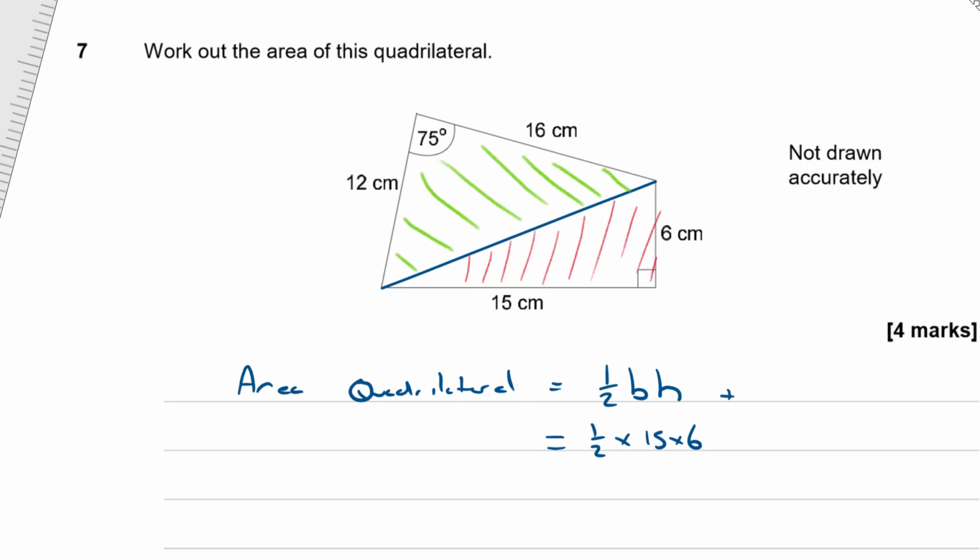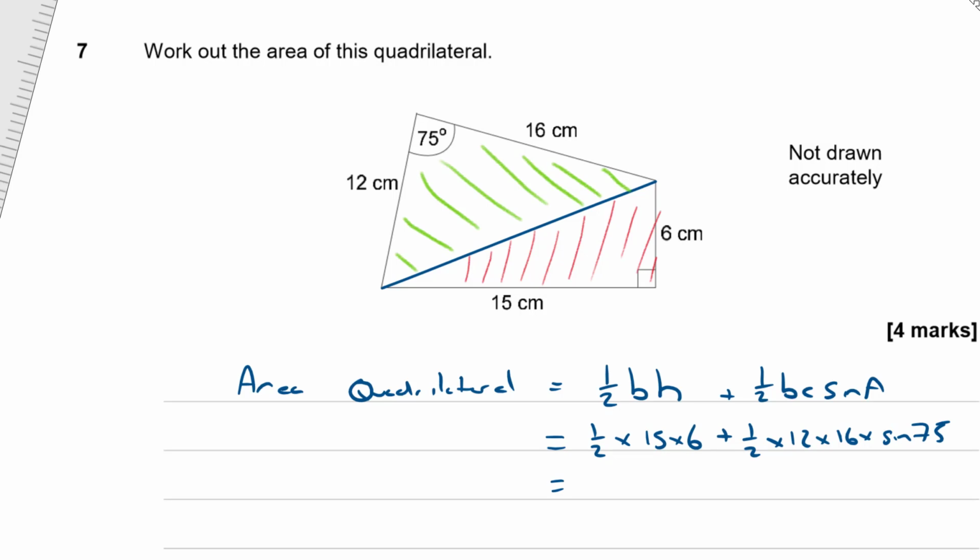Now, with this one, I can use the second type of area of a triangle form that we know, which is the one involving the sine. So that is half BC sine A, we wrote down earlier, didn't we? Okay, so then subbing that in, that's a half times B, which is one of my sides, 12, times C, which is the other one of my sides, 16, times the sine of 75.